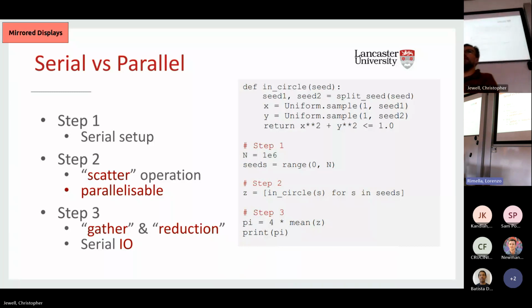Step two is what the parallel computing people will call a scatter operation. So we would be scattering that vector of seeds amongst, if we had them, a million processes. You can think of a scatter operation as going from a serial thing to a parallel thing.